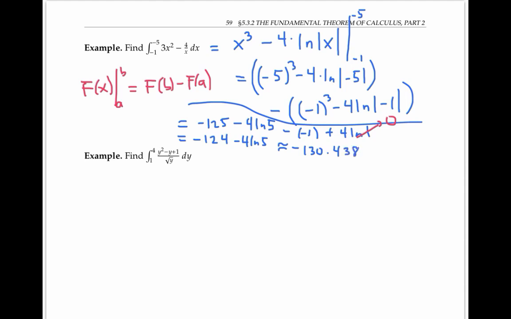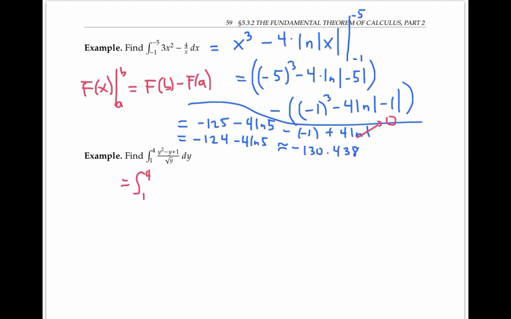In this next example, we need to find an antiderivative for this expression, y squared minus y plus 1 over the square root of y. Now we can't take the antiderivative separately of the numerator and the denominator because that's just not how the quotient rule works for differentiation, so it doesn't work that way for antidifferentiation either. Instead, let's try to simplify this expression to make it look more like something we can take the antiderivative of.